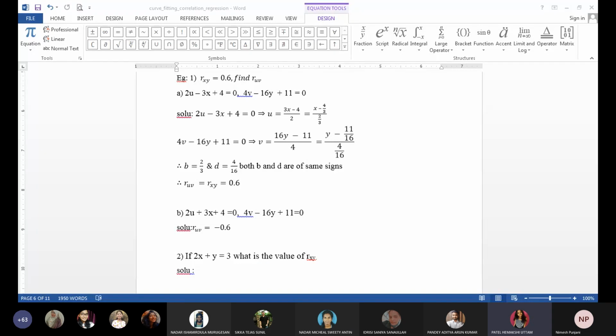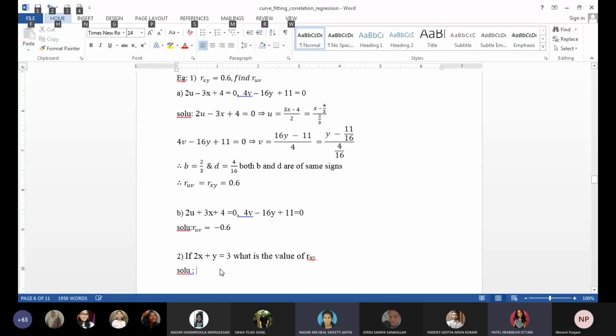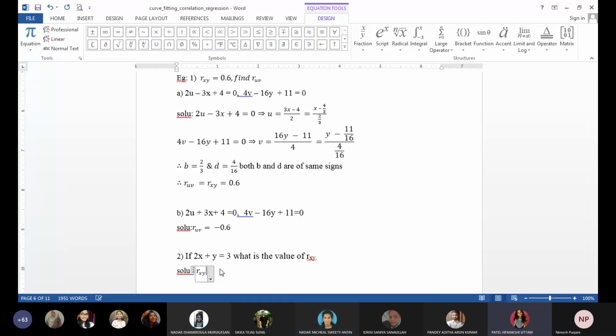So -1. Why? Because A is less than 0. A is equal to -2, which is negative, so -1. Fine. Is it clear to everyone?